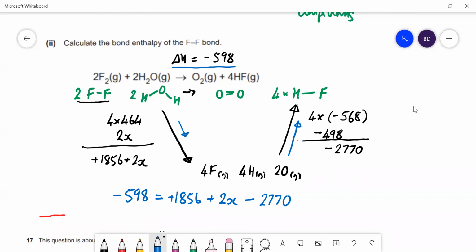Okay, so just rearrange all of that. We get 2x is equal to that. Divide by 2, x is equal to 158 kilojoules per mole. And that, of course, is the bond energy of the fluorine-fluorine bond.